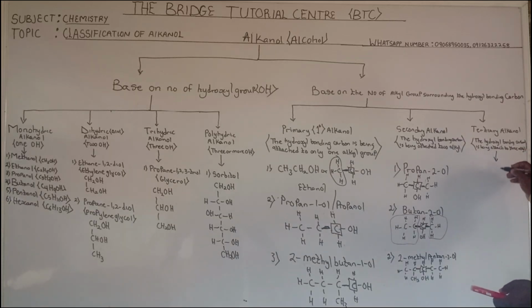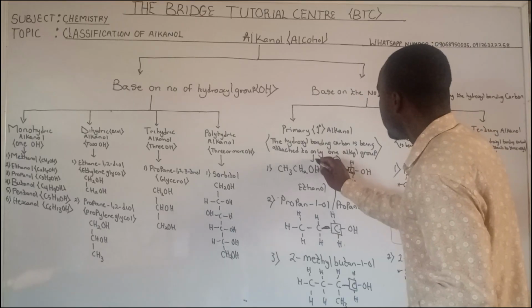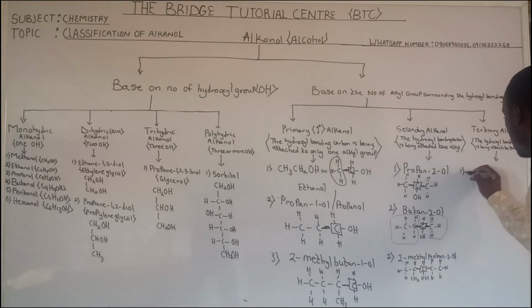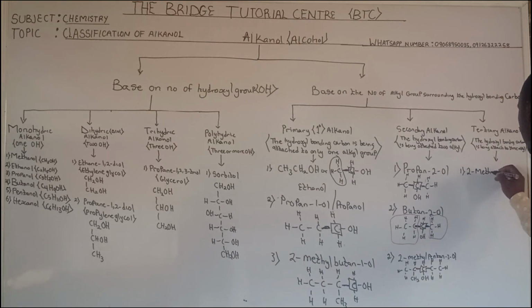One thing you have to note about the examples of tertiary alkanol is that they usually have their alkyl group and OH on the same carbon. For example, 2-methylpropan-2-ol. Let us draw it. You start from here.